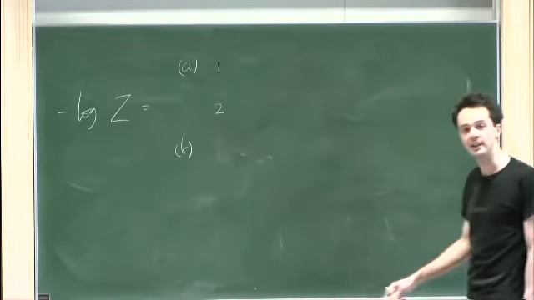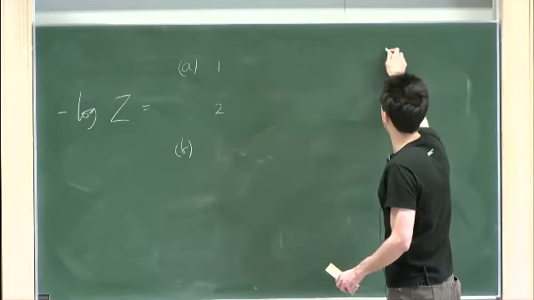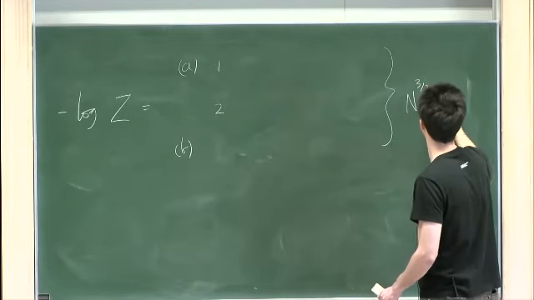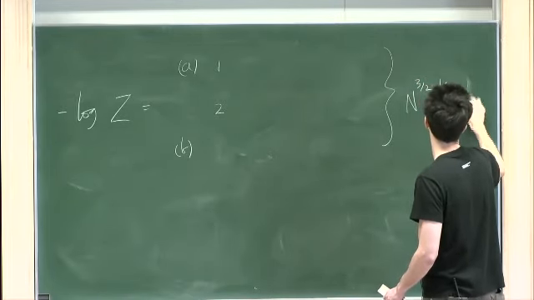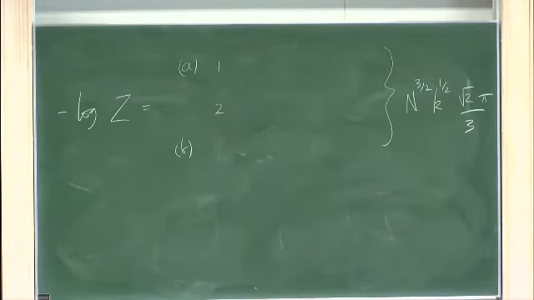Case B was the elliptically squashed sphere. And there's some universal N^(3/2) k^(1/2) square root of 2π/3 factor, which is common to all of them. This is the answer on the round sphere.